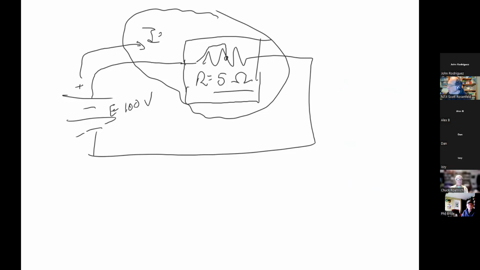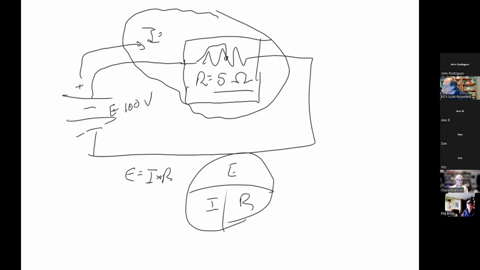So E equals IR. E, I, R, just like that again. We don't know our current. We know this is 100 volts, and we know this is 5. So I is equal to 100 divided by 5, which is now 20 amps.